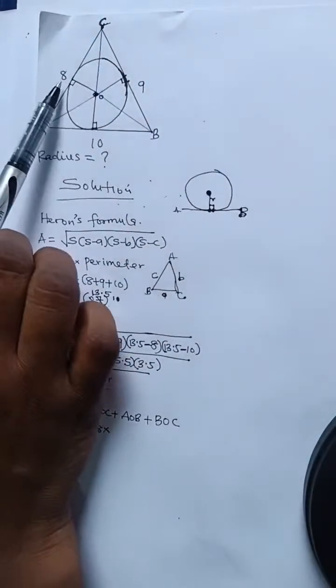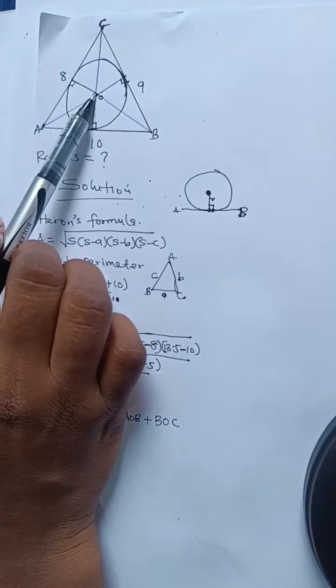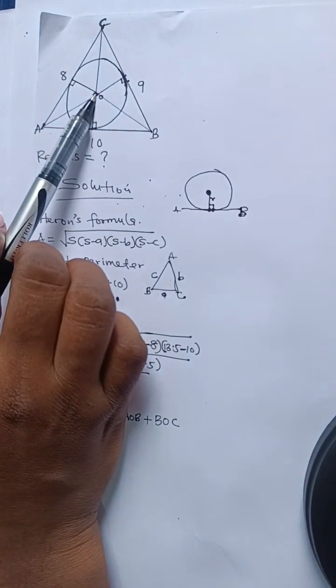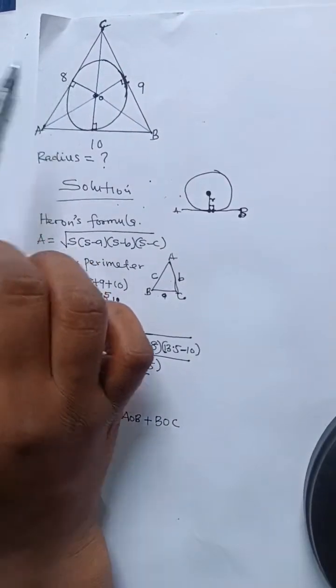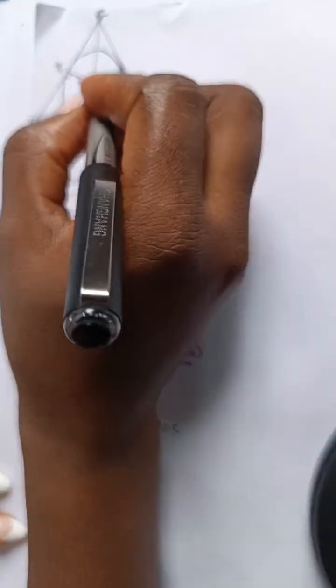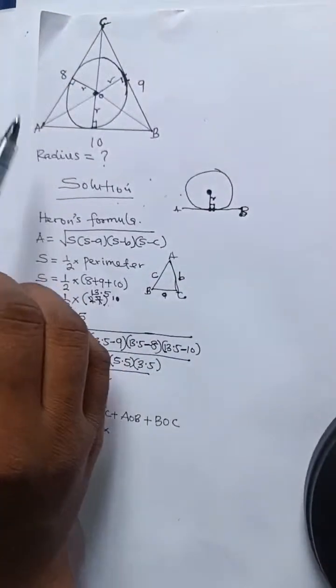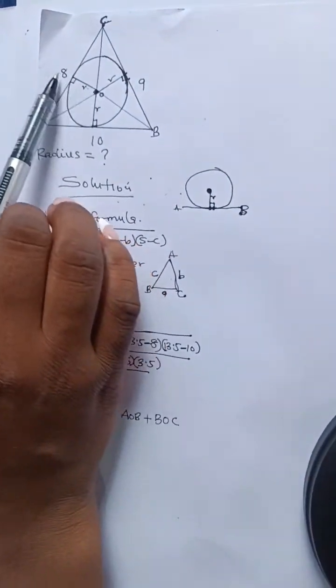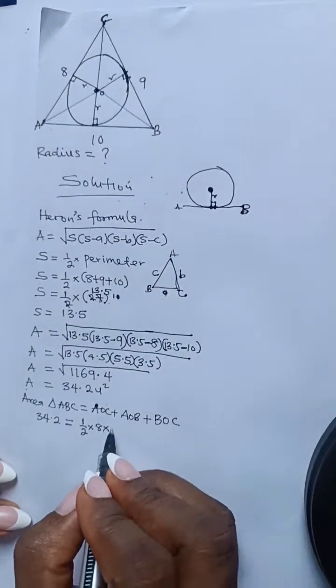The height is this. Now remember what I said, any straight line you draw from the center of the circle to the circumference is a radius. So this is our radius, this one is also the radius, and this one is also the radius. So the height of triangle AOC is the radius, which we don't know, and which is what we are looking for.